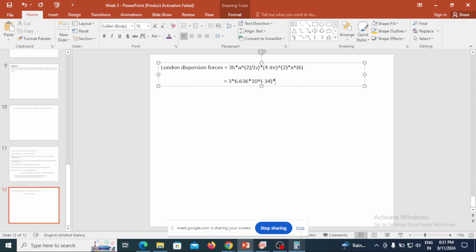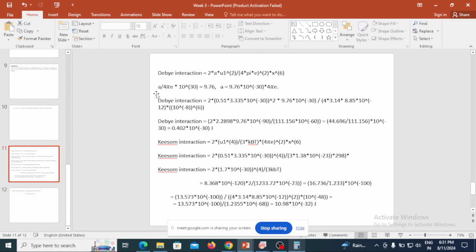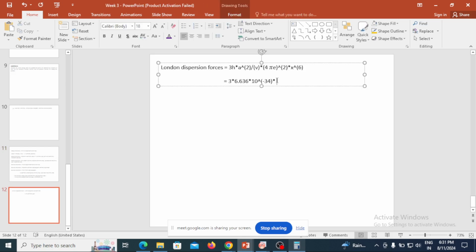So here you have alpha square and you have 4 pi epsilon the whole square at the bottom. So I can take it as alpha by 4 pi epsilon the whole square, and since I know the value of alpha by 4 pi epsilon as 9.76 into 10 to the power minus 30, I can just substitute that and square it.